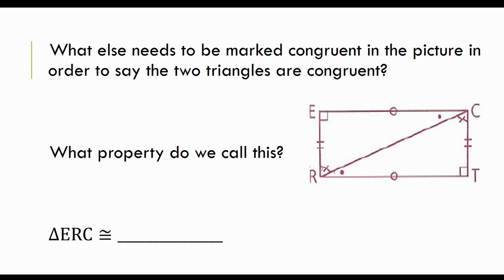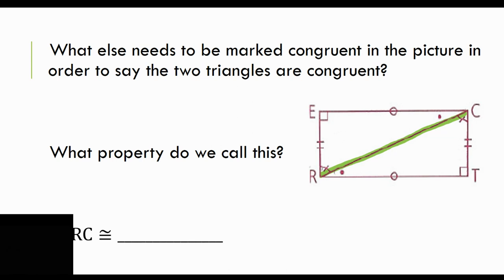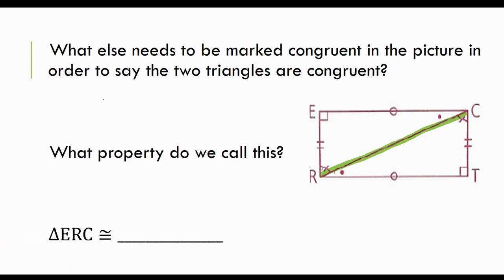So it looks like we're missing one of the segments. Notice that the segment that we're missing happens to be a segment that is shared between the 2 triangles. That's this segment right here. So that would be that segment RC. Okay, so it says what else needs to be marked congruent in order to state that the 2 triangles are congruent.